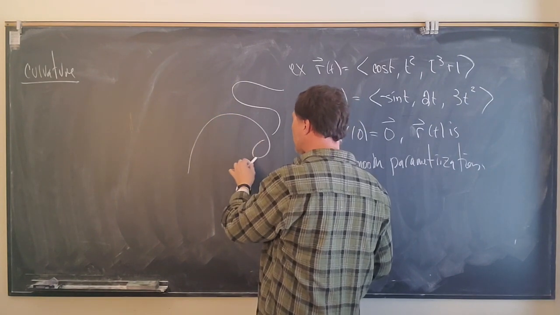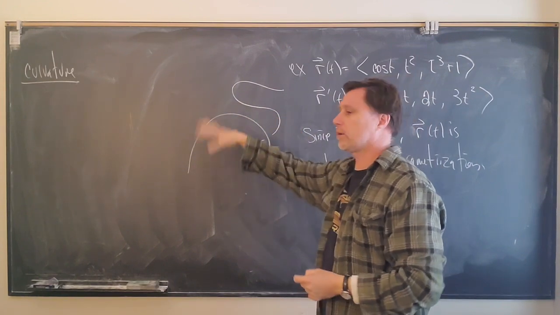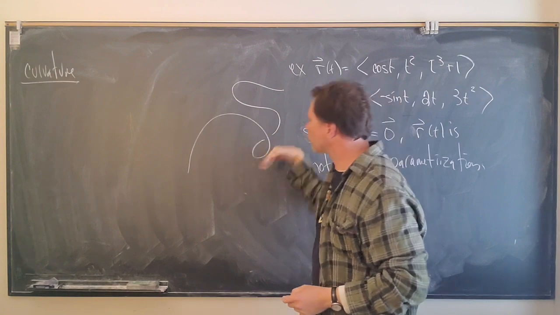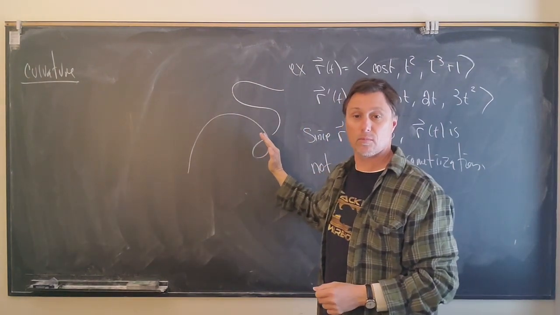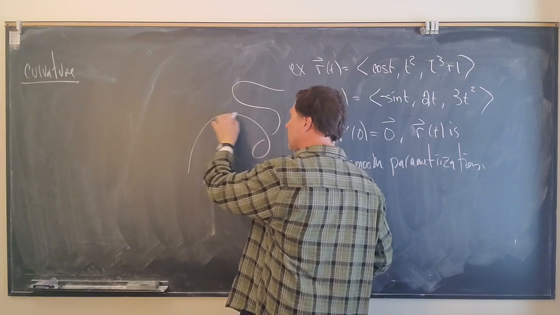But notice in this area, if you're traveling in a car along this pathway, you would notice that you're turning. You would feel the turn, whereas here in this gradual turn, you would feel it much less.